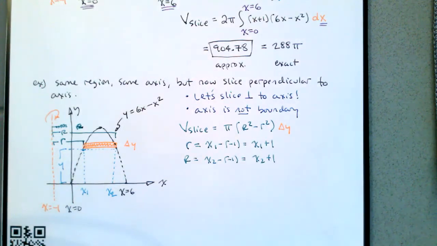So we have two different values of x because the function 6x minus x squared is not invertible on the interval from 0 to 6.